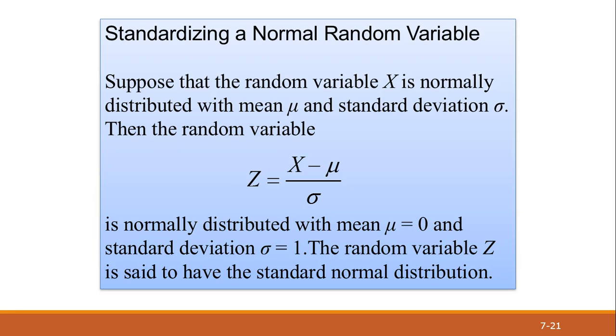The random variable z is said to have a standard normal distribution. So the z-scores that we have found in the past are going to help us in calculating probabilities in this chapter.